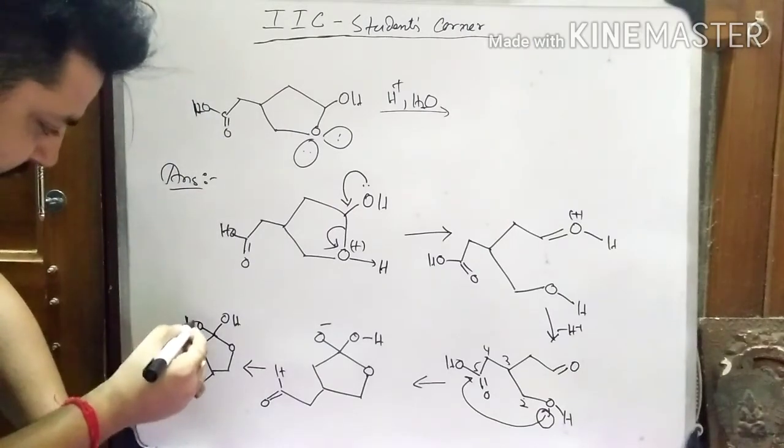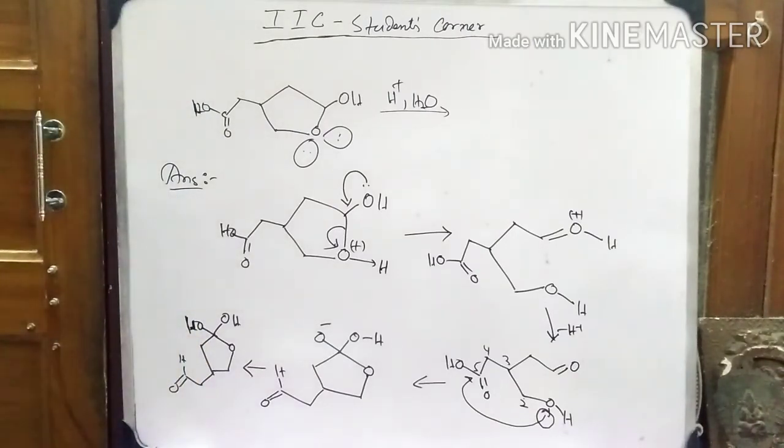Now as two OH groups cannot stay on a single carbon atom, this is the formation of what? This is just like a gem diol. Okay, so what will happen here?